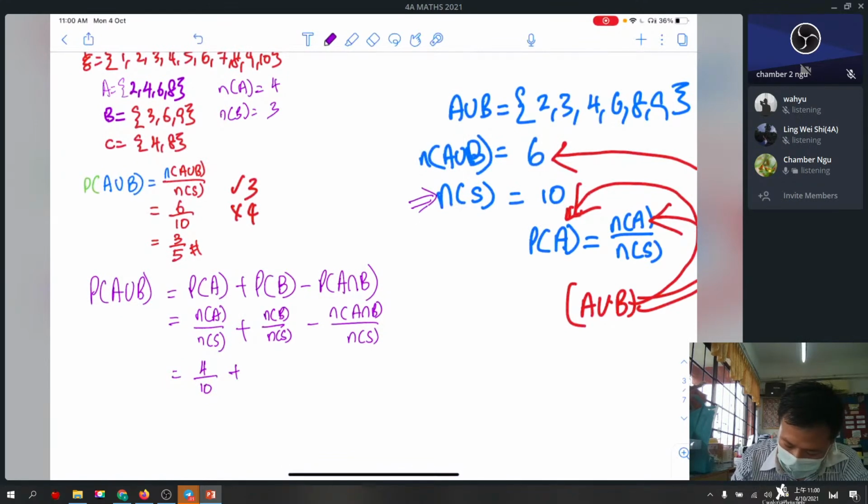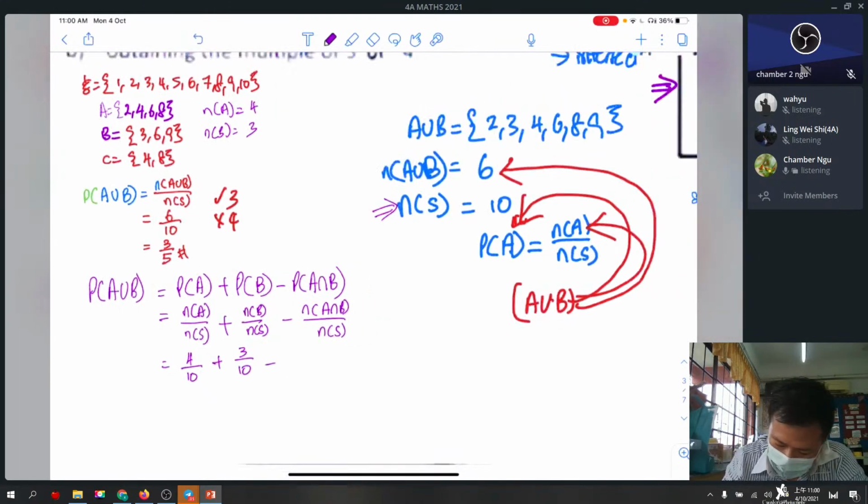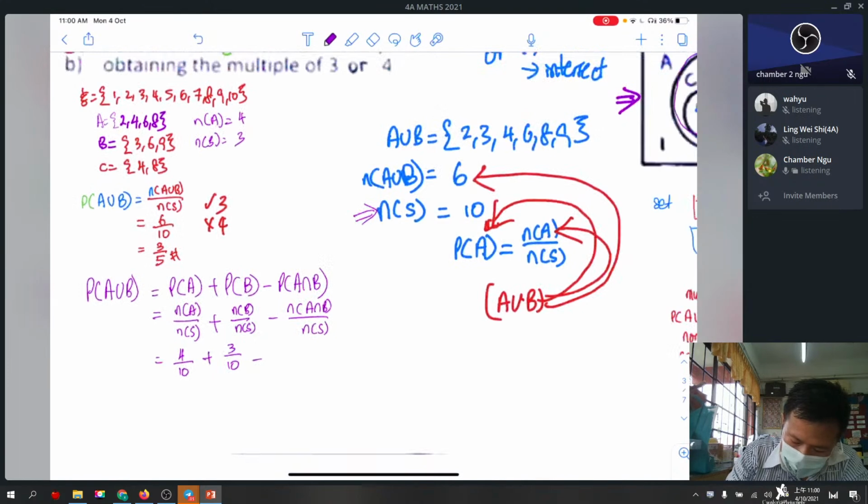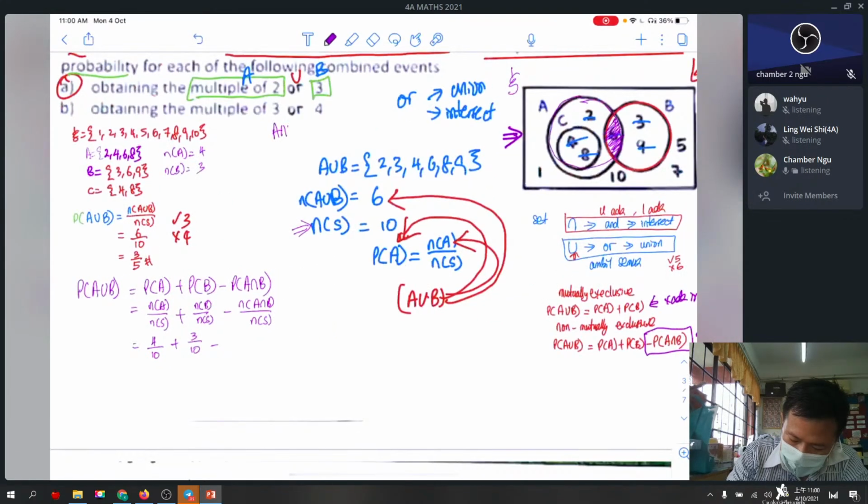This one 10 element plus in the B we have 3 over 10 minus of intersect. Intersect how many? A intersect B is only number 6. So the number of A intersect B is 1. So this is minus 1 over 10. So 7 minus 1, 10. So we get 6 over 10. We get 3 over 5.